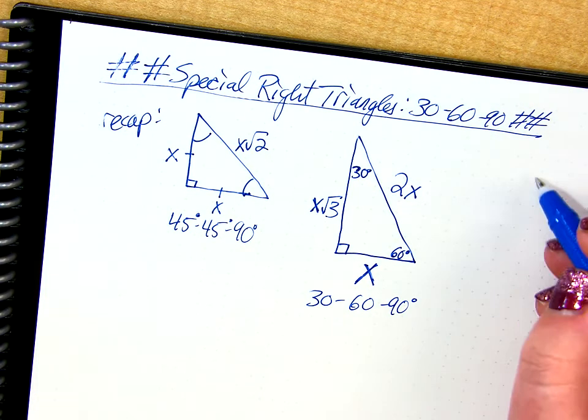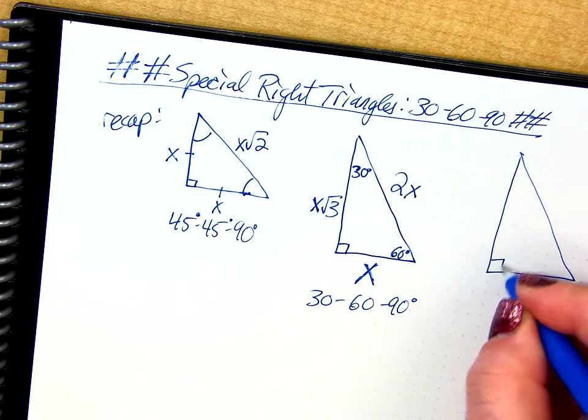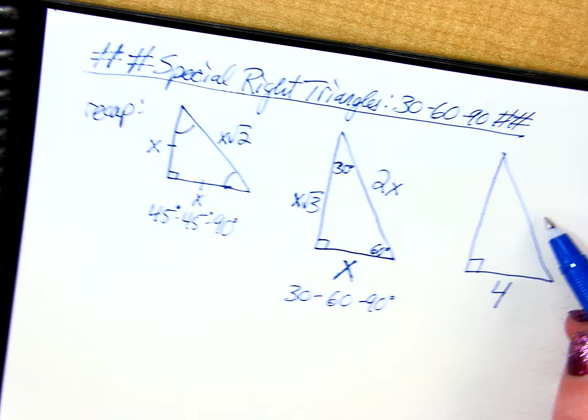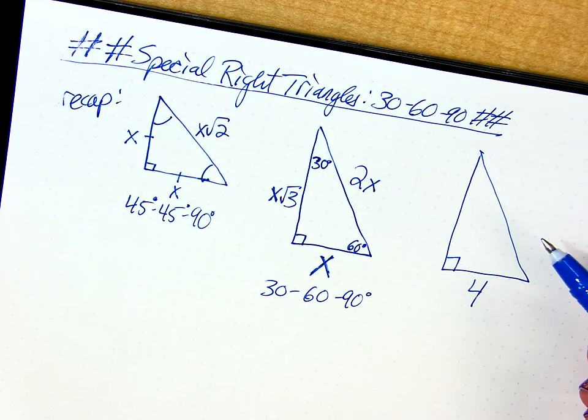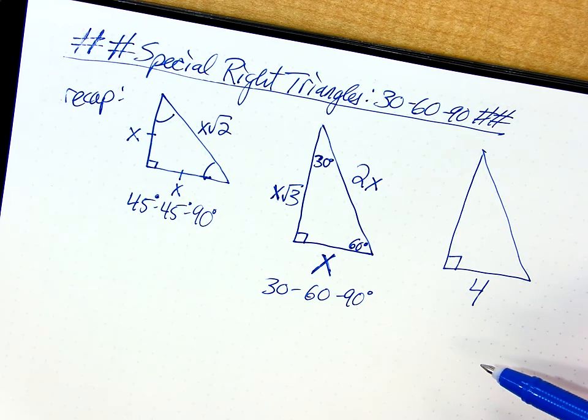Okay, so let's try some things. If I tell you that this is 4, what's the hypotenuse? I'm sorry. I tricked all of you because right now you don't even know that that's a 30, 60, 90. I didn't label any of the angles.